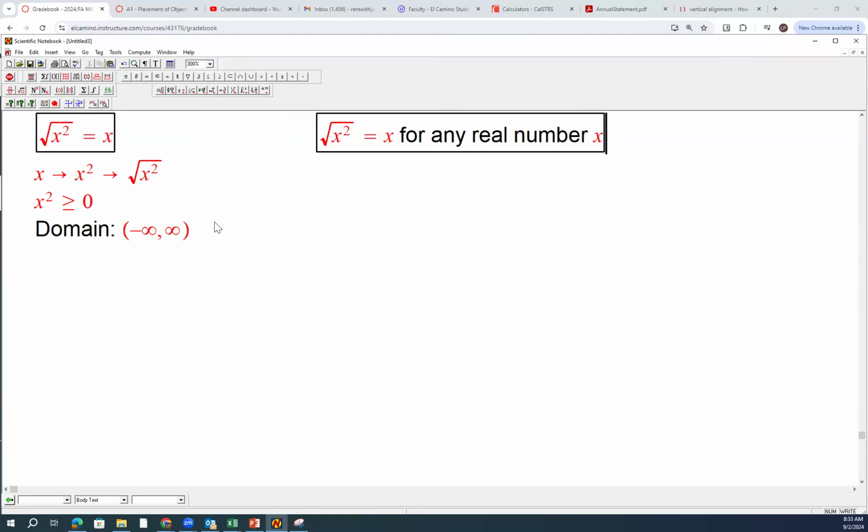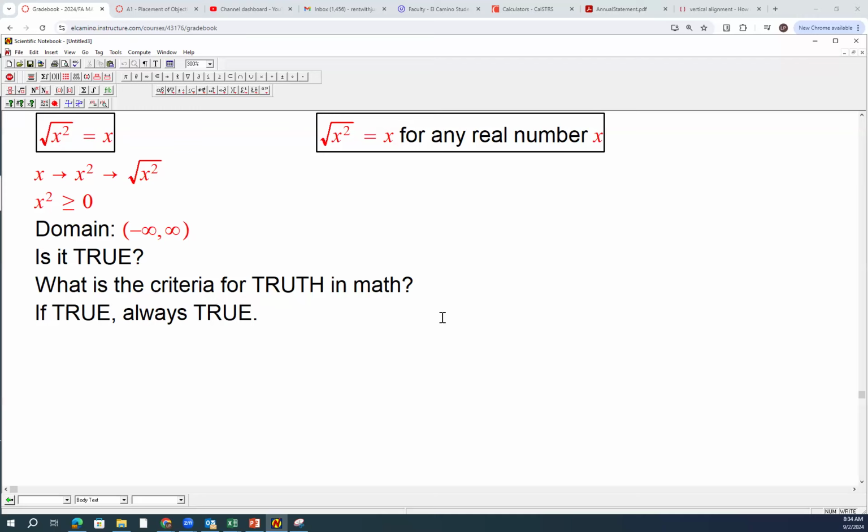The criteria for truth in math is: if true, always true. So when we make a statement, if it is true, it should be true for any case and all the cases.